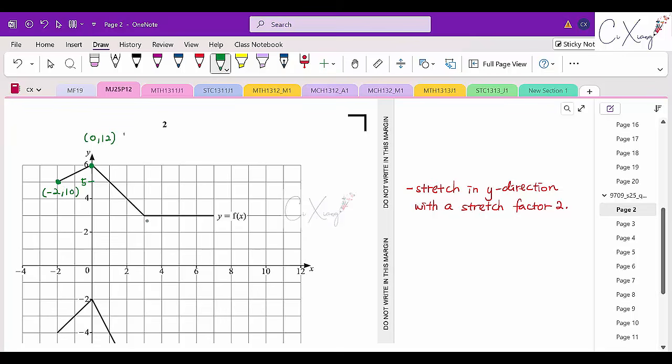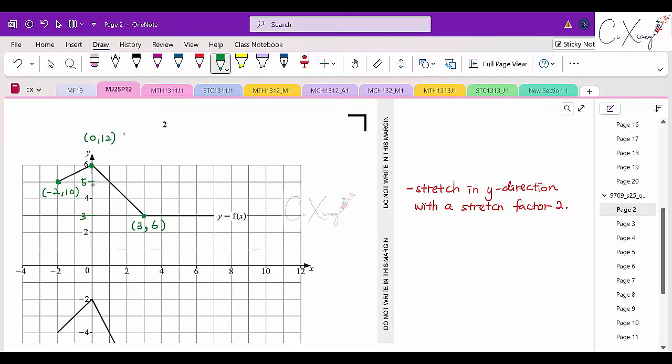Let's have a look at one more point here. For this point, originally the y value equals 3. After the first transformation for the stretch in the y direction, the x coordinate will not be affected, but the y value will become 3 times 2, which is 6.